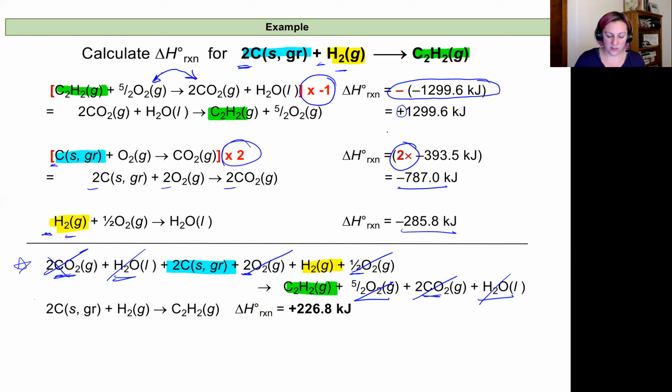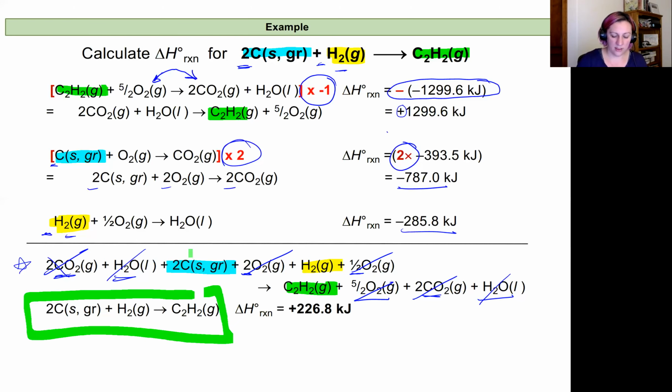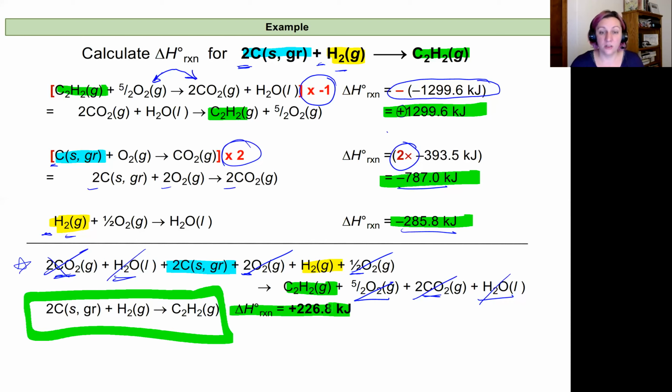So this reduces down to exactly the reaction that I want, which means for my enthalpy of the reaction, I'm taking the sum of that positive 1299.6, negative 787, and negative 285.8 kilojoules. Those are the manipulated enthalpies for each of the three reactions added up together, and it gets me an enthalpy of 226.8 kilojoules.